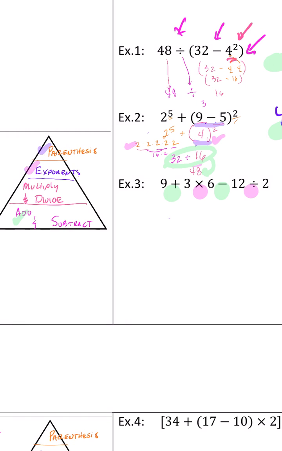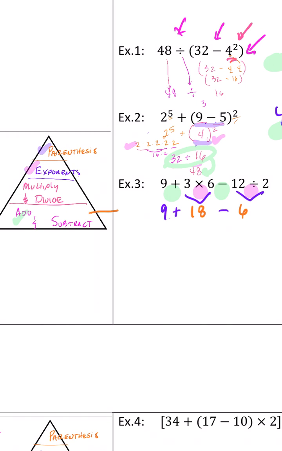So what we're going to do is we're going to go ahead and do this. We're going to drop the 9 down because we're not doing anything with it yet. We have 9 plus 3 times 6 is 18. Then we're going to go ahead and put that subtraction symbol over here. And then we got to do this. 12 divided by 2 is 6. Okay, now we're doing addition and subtraction.